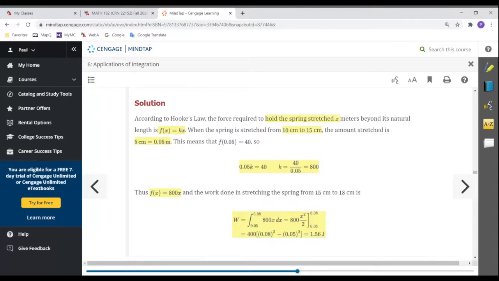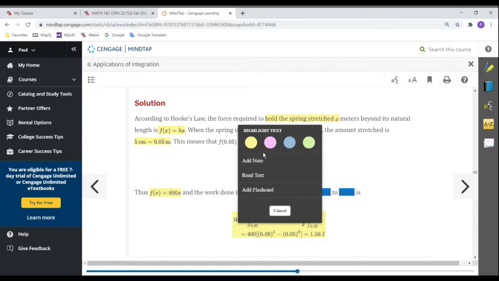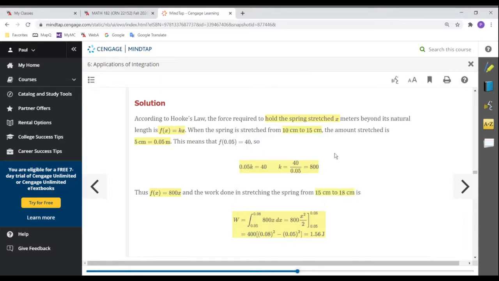So remember what you're doing here. x is the amount of meters beyond the natural length that the spring is stretched. I just want to make sure I'm explaining it the right way.